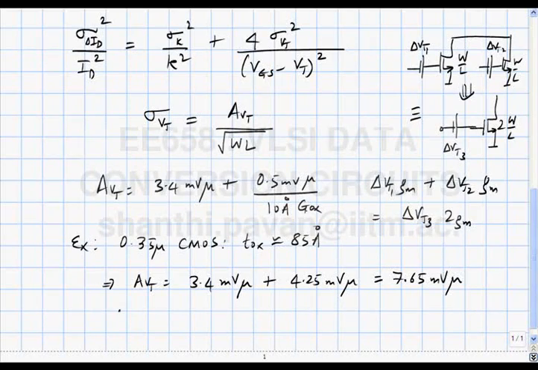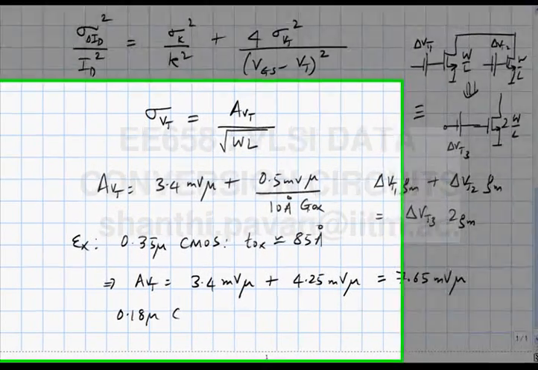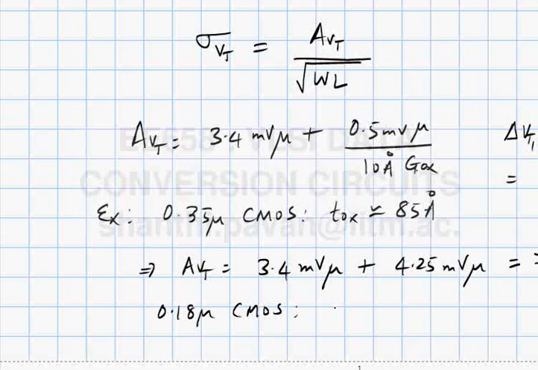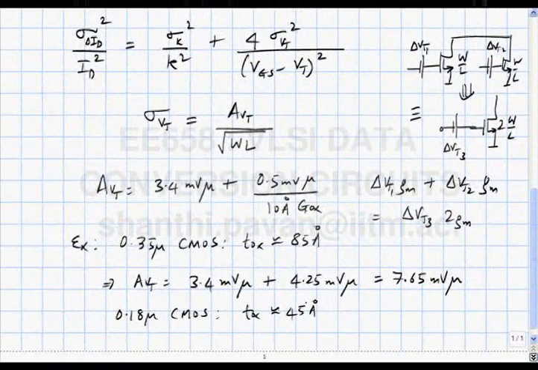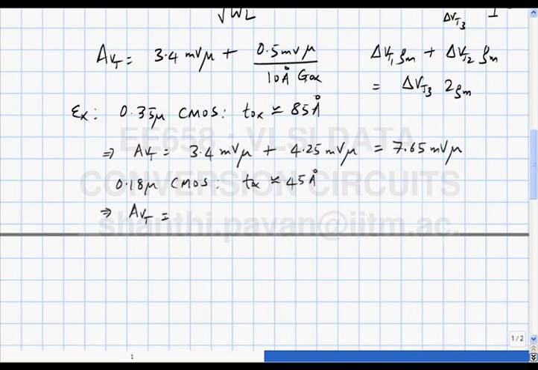Similarly, in a 0.18 micron CMOS process, Tox is about 45 angstroms, AVT is 3.4 millivolt micron plus 2.25 millivolt micron. The AVT numbers will change for NMOS and PMOS, and it's also a function of the process.